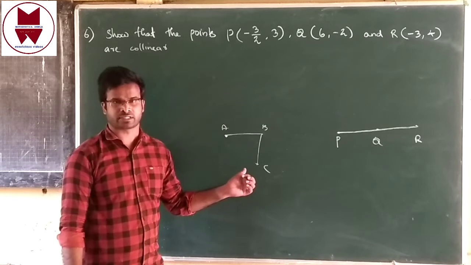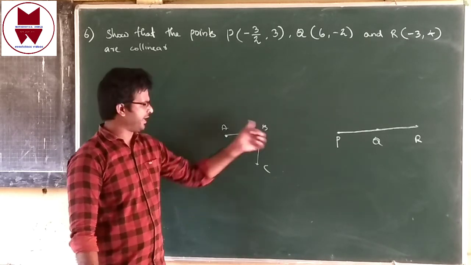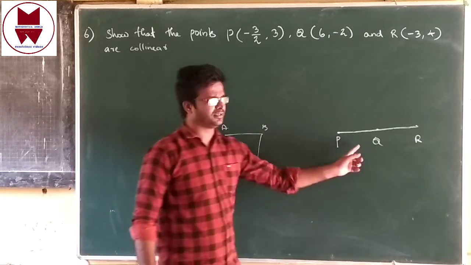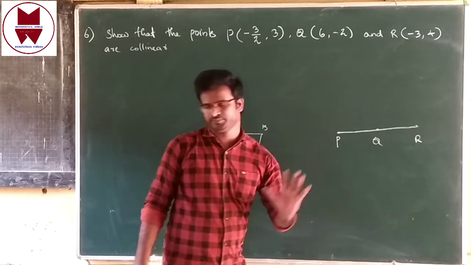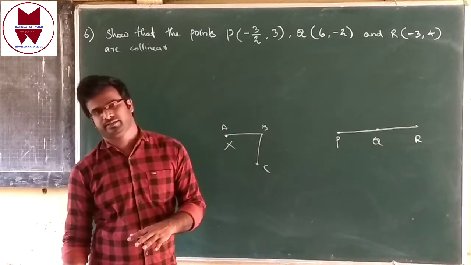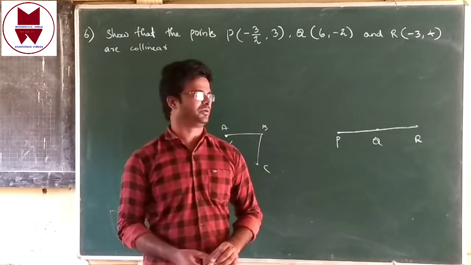What is this? This is not straight line. That means we can say points A, B, C are not collinear. Collinear points means 3 or more points on the straight line. That points are known as collinear points.